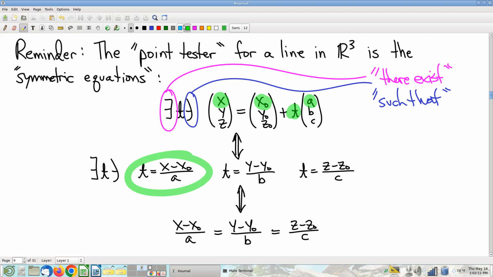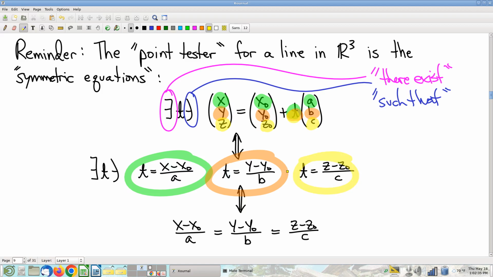Now, simultaneously, I would also need that value of t to give me the right y coordinate as y naught plus t times b. And I can tell you what that value of t would have to be. It would have to be this to make that second coordinate equation work. And likewise, to make the third coordinate equation work, you would need t to equal that.